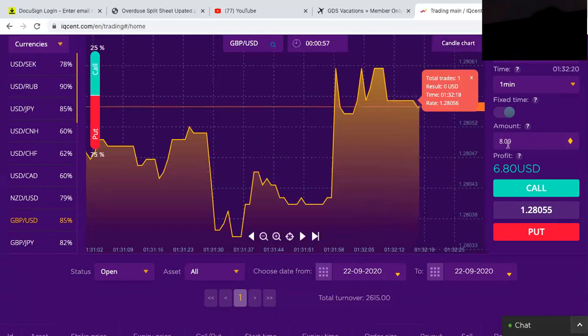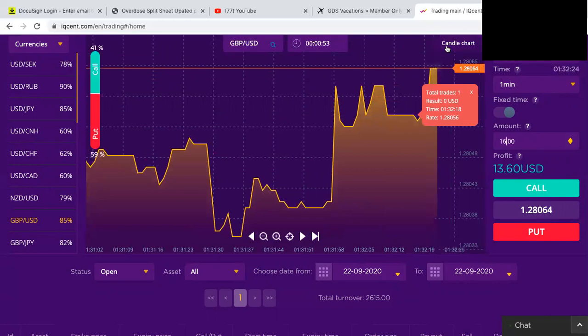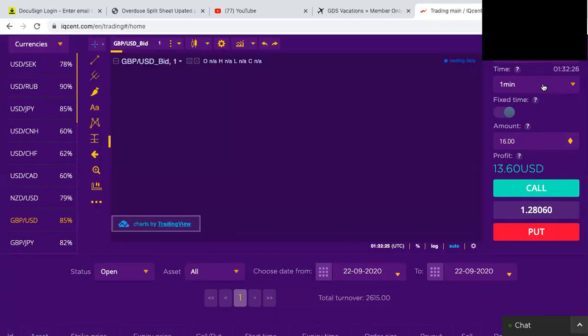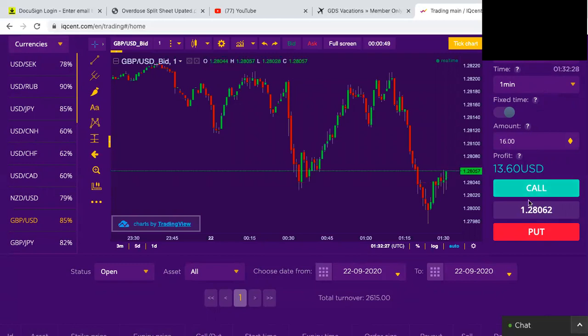All right, I lost that trade. So instead of going to 1, I'm going to $16 and I'm going back to the candle chart. Current candle is green, so I'm going to take a put.